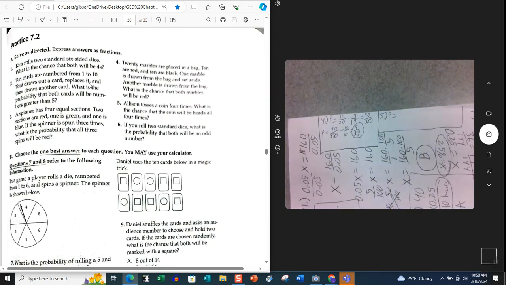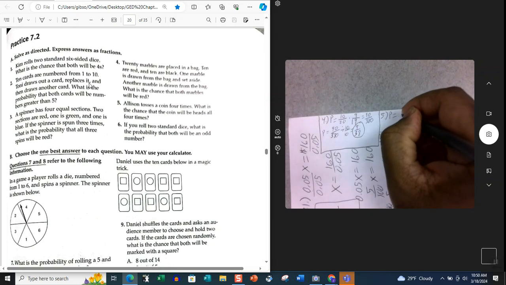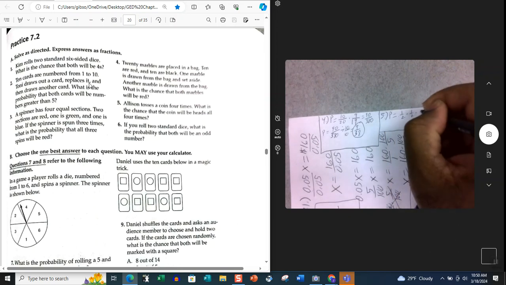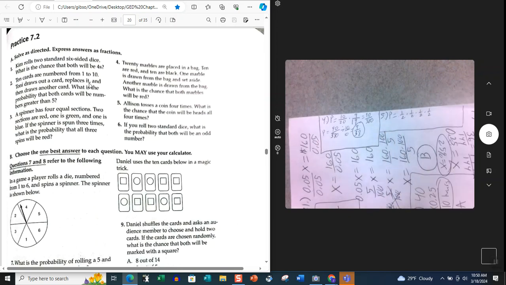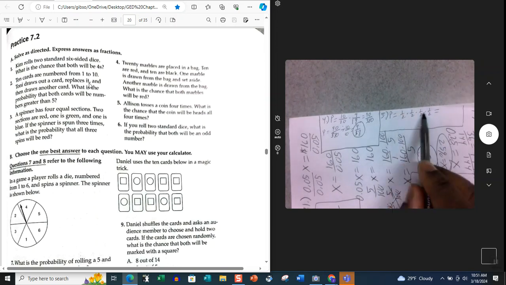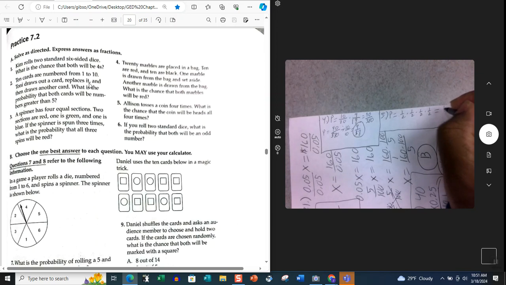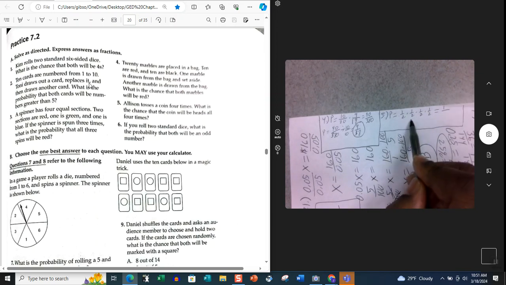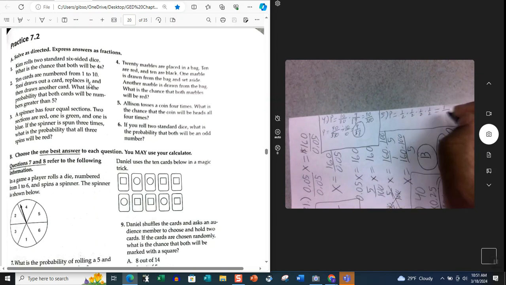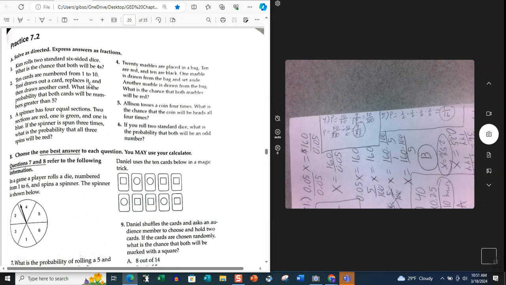Now we know heads, it's 1 out of 2, it's heads or tails. So she tosses it 4 times, so it'll be 1/2 the first, 1/2 the second, 1/2 the third, and 1/2 the fourth. So we'll multiply straight across. 1 times 1 times 1 is 1. 2 times 2 is 4, times 2 is 8, times 2 is 16. So it'll be 1 over 16.